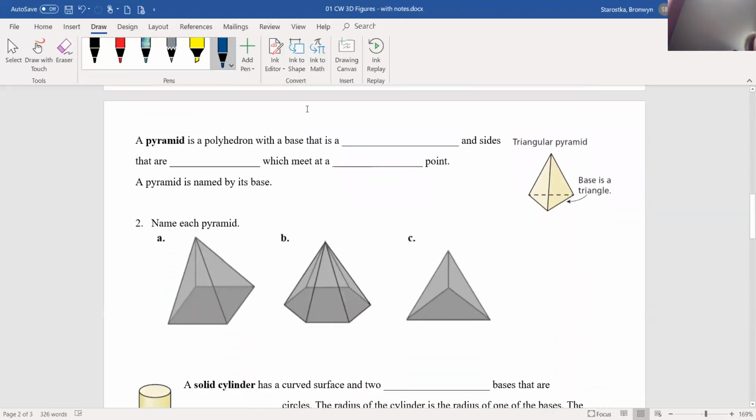So we're also going to study pyramids. A pyramid is a polyhedron with a base that is a polygon, and sides that are triangles which meet at a vertex point.